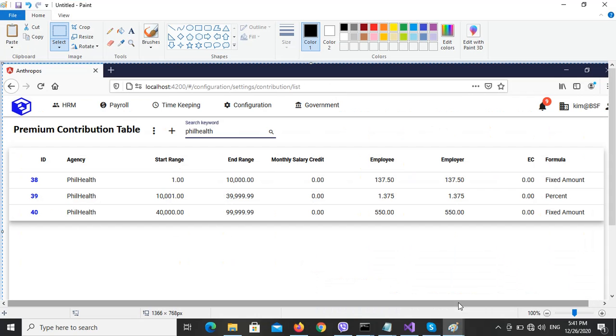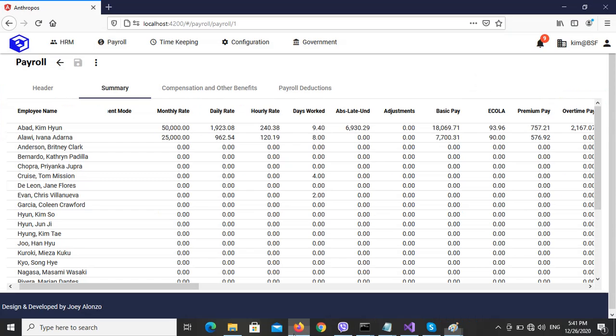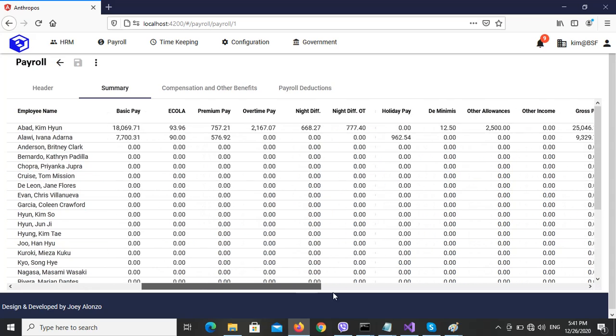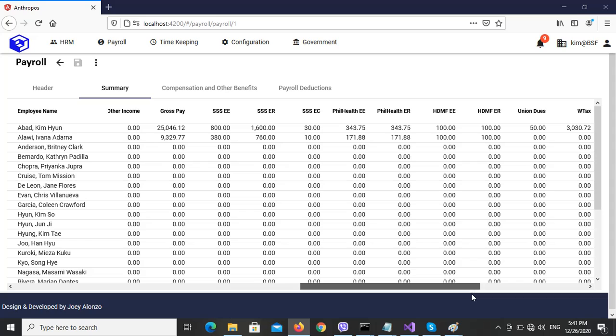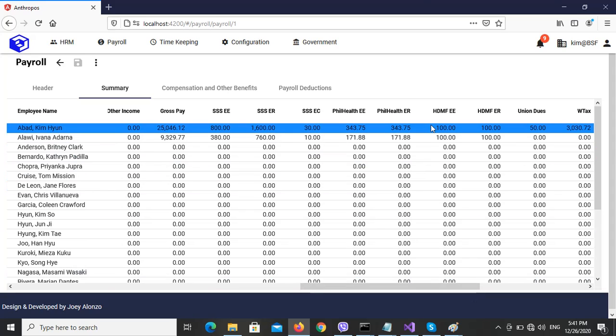So it will come to this point here, wherein it will be a percentage. 1.375% of 25,000 would be this value here, 343.75. So it's the same for both employee and employer.